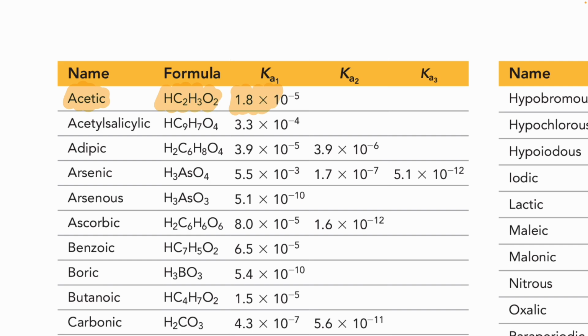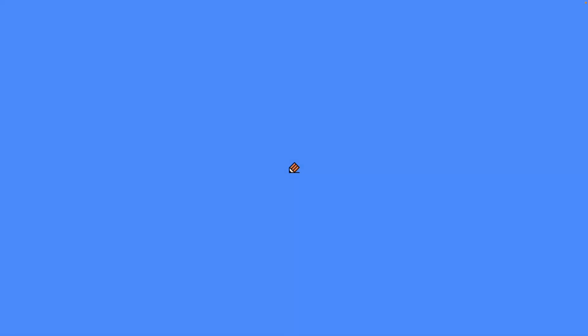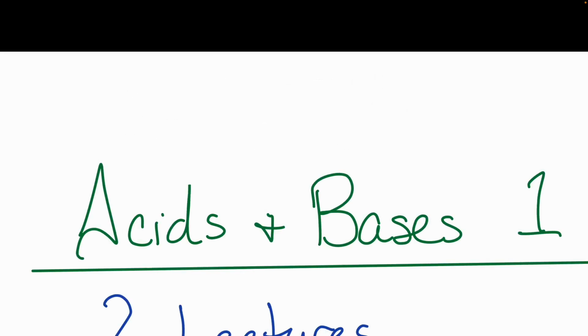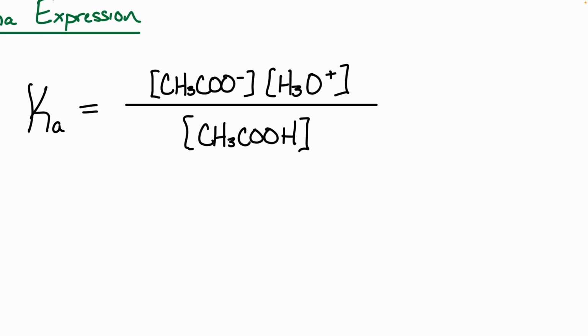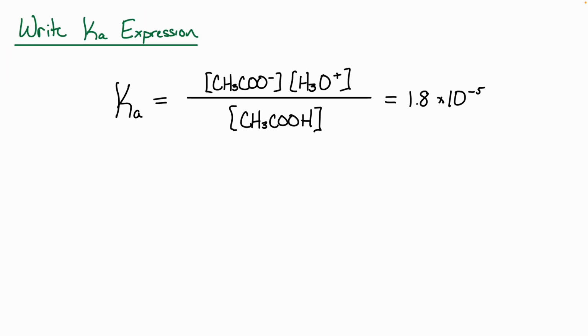And then I have my value for that Ka as well: 1.8 times 10 to the negative 5. So we're just going to note that here. So we know the value of our equilibrium constant.